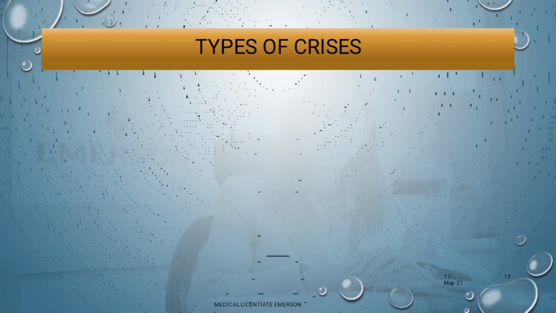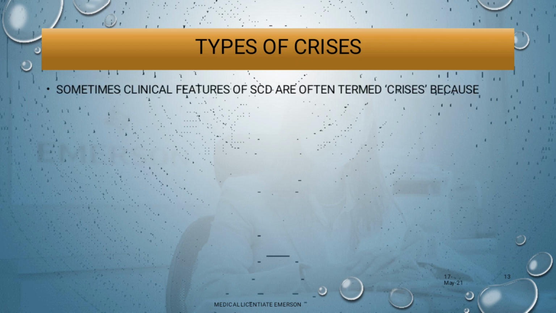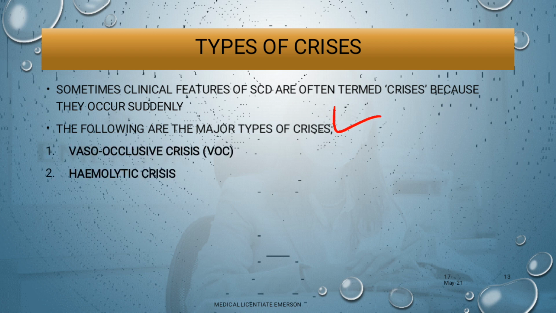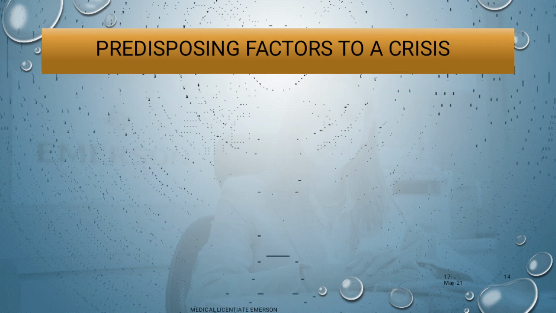Then in terms of types of crisis, sometimes the clinical features of SCD are termed crisis. But when you are asked to mention the clinical features, it's better you just go with the clinical features. But if we ask you the major types of crisis, we have the vaso-occlusive crisis, the hemolytic crisis, the aplastic crisis, and the splenic sequestration crisis, or you can just call it the sequestration crisis.